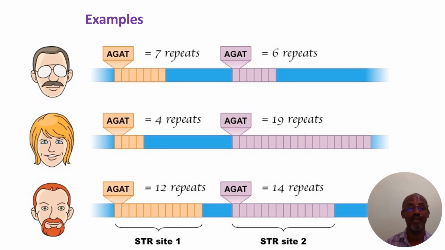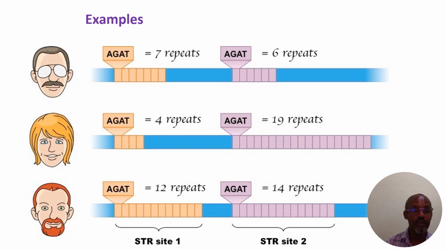At another part of the DNA, he has another AG repeat, 6 repeats. At the same position, the personality in the middle, a woman or a girl, has 4 repeats of the same region. You see variation? At the corresponding region to the first personality, she has 19 repeats.